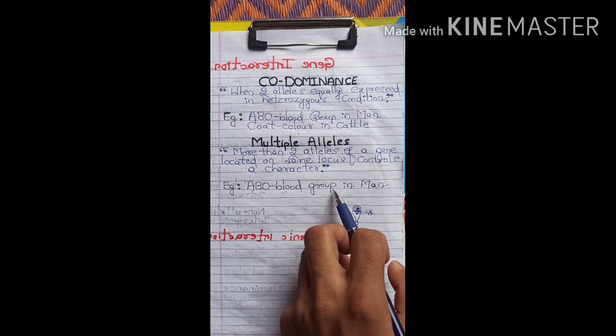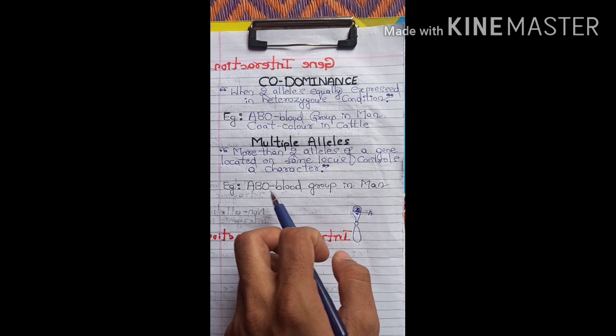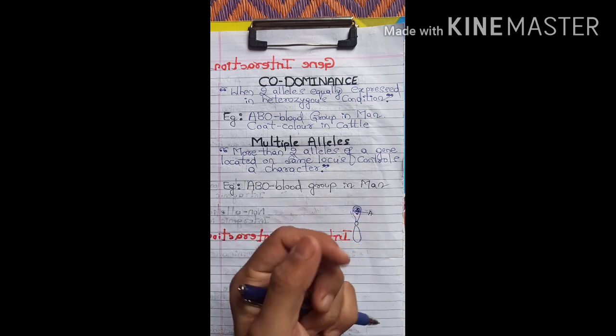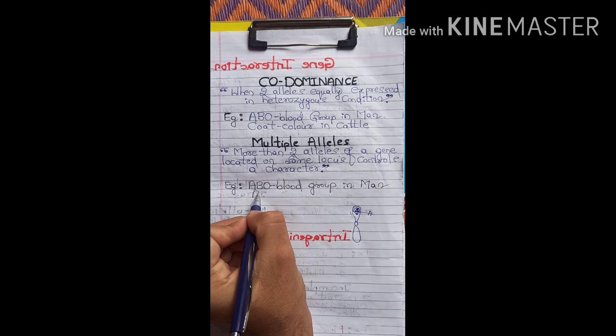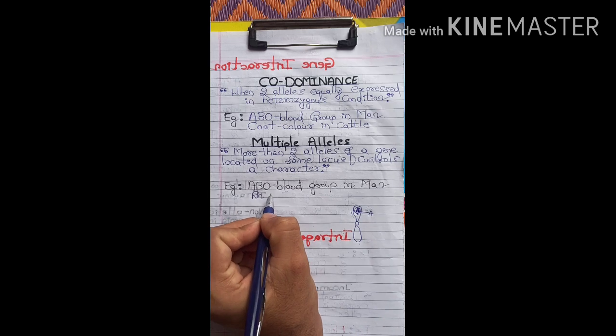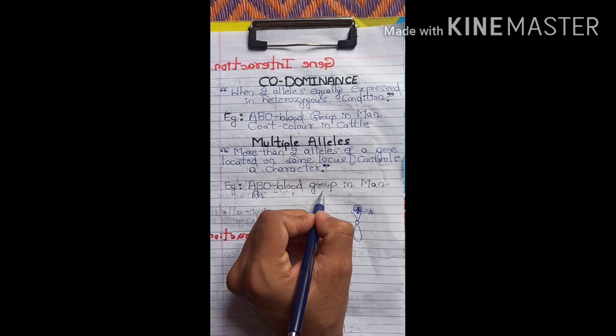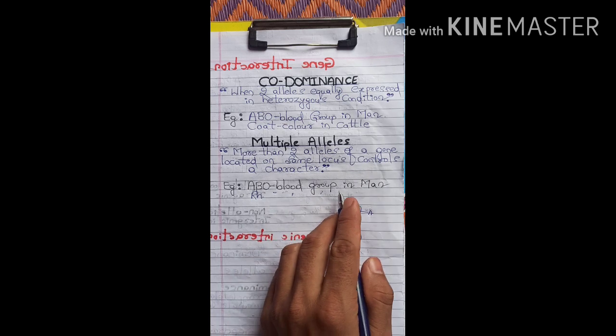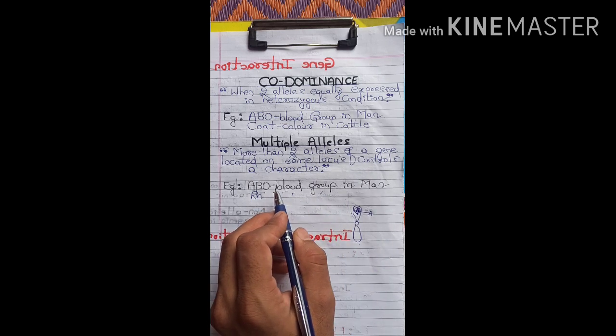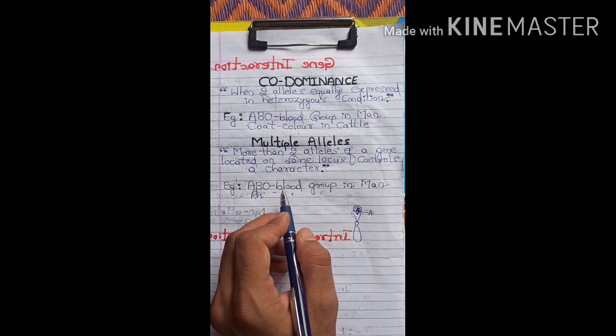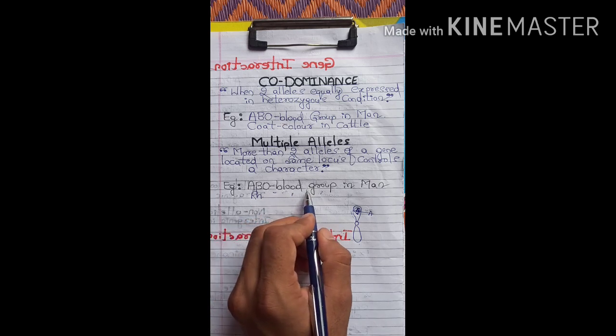And again, an example for multiple alleles is the ABO blood group in man. There is one more example, that is the Rh system, the Rh blood group in man. Sometimes this question is asked in exams. Imagine your blood group is A positive. What is A? A is nothing but your blood group.